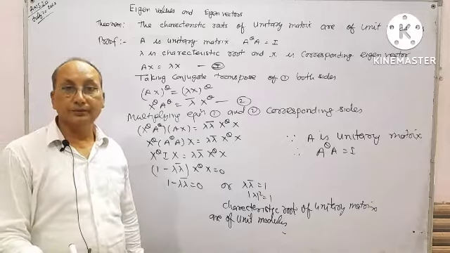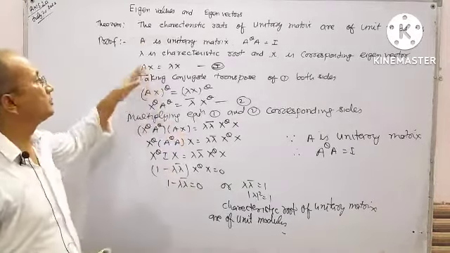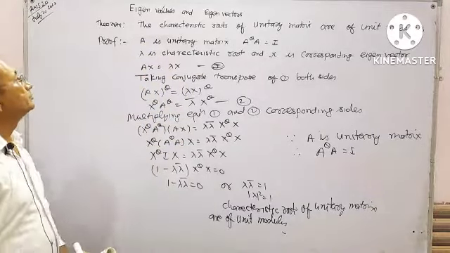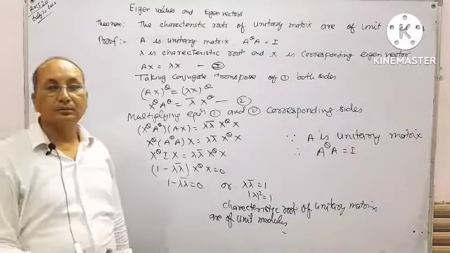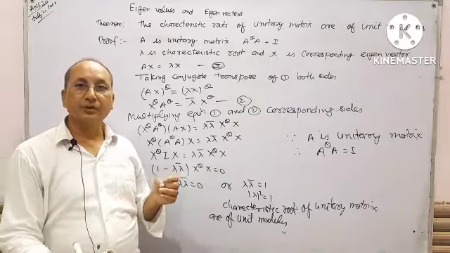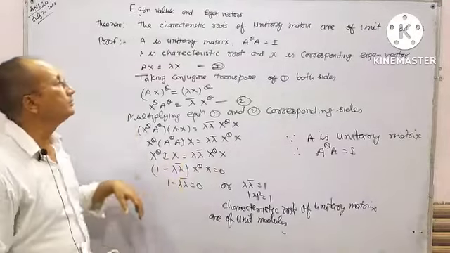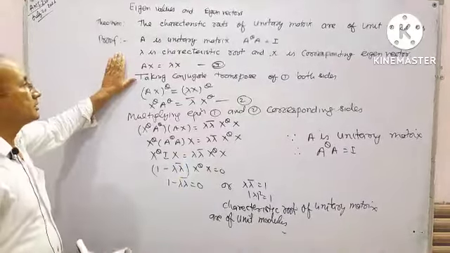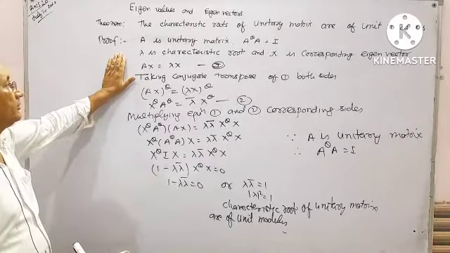We explain this theorem again. A is a unitary matrix. It means that A conjugate transpose times A equals identity. Lambda is the characteristic root and x is the corresponding eigenvector.